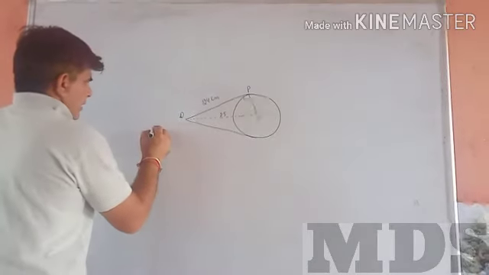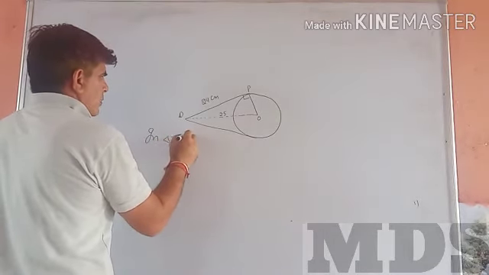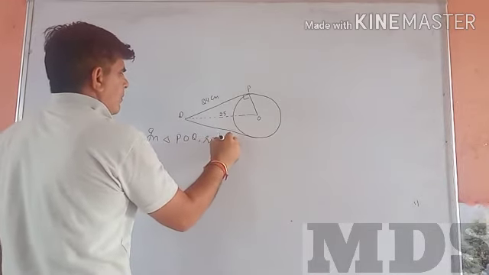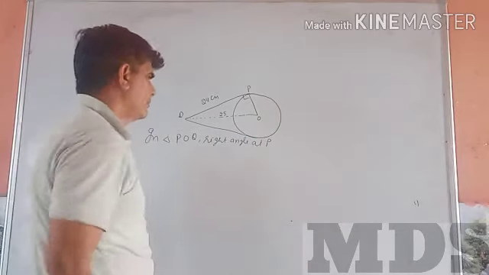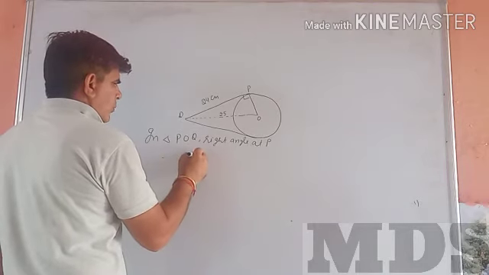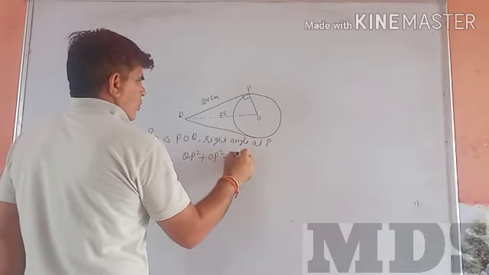So in which triangle? POQ, right angle at P. Therefore, by Pythagoras theorem, QP square plus OP square is equal to OQ square.